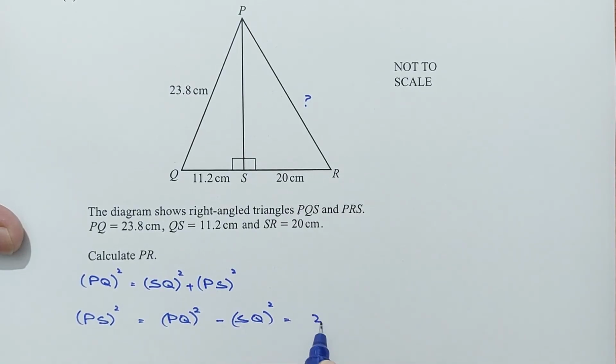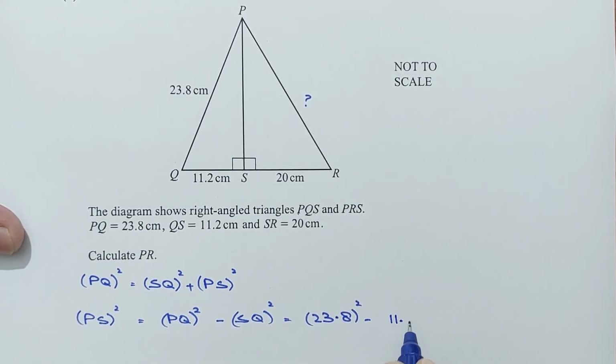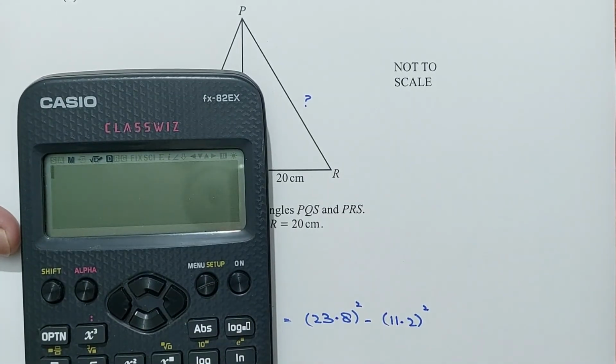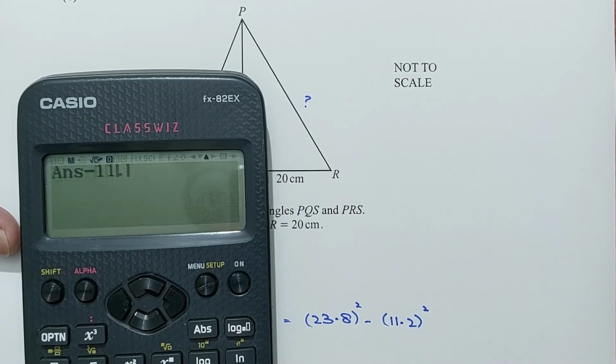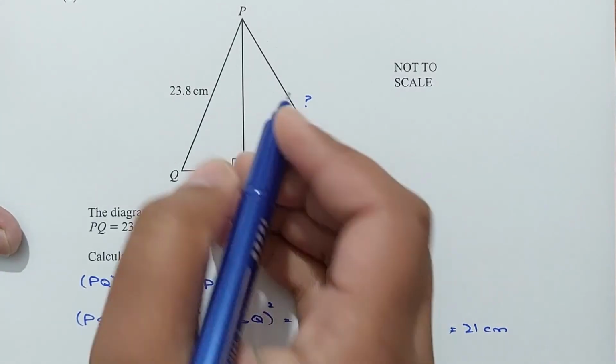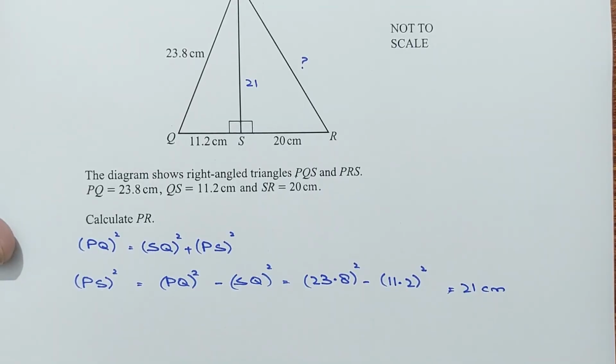PQ we have given is 23.8 squared and minus SQ, which is 11.2 squared, right? And then the square root. So 23.8 squared minus 11.2 squared, and the square root of the answer is 21. So PS is 21 centimeters.